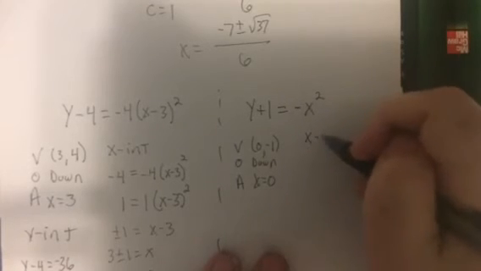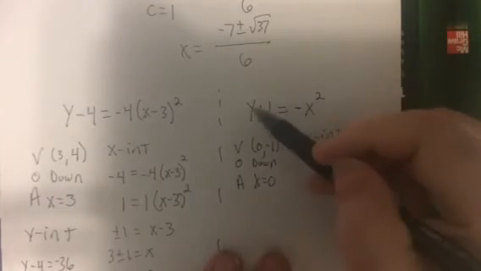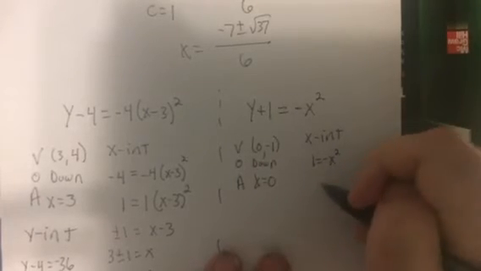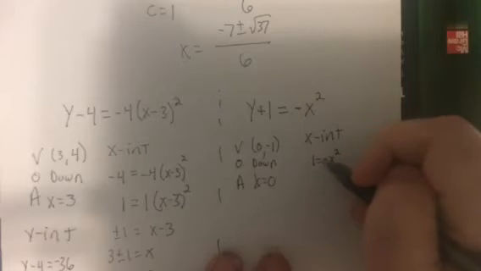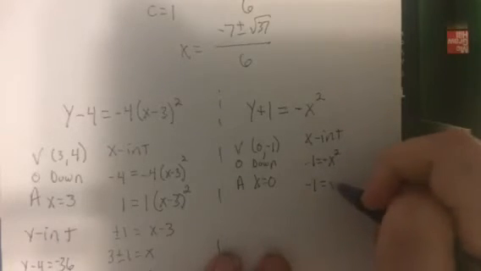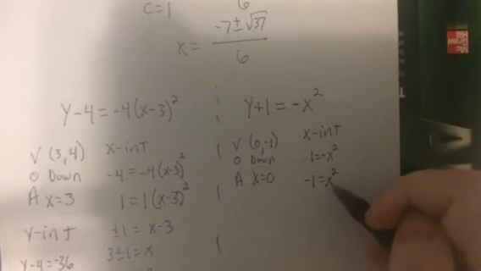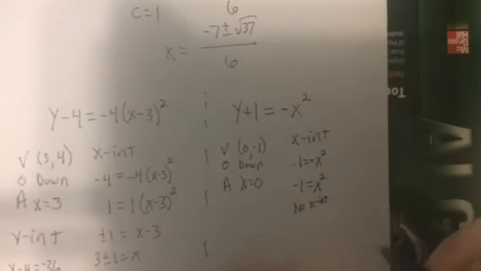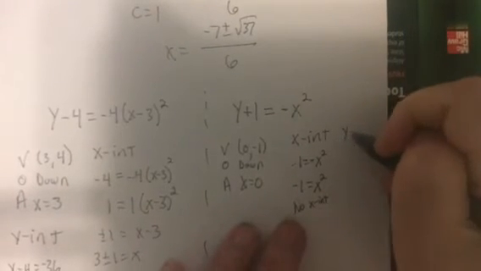Then the x-intercepts, you put 0 in for y. 1 equals negative x squared. Divide both sides by negative 1 to get the square by itself. Oh no, if I square root, I can't. For x-intercepts, you can't take the square root of a negative number and get a real number.